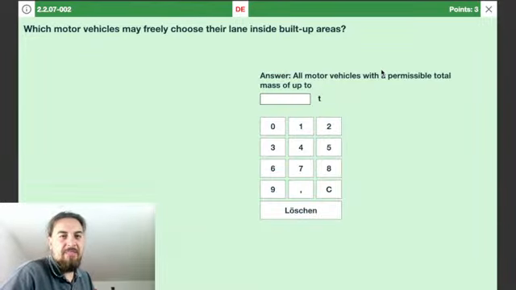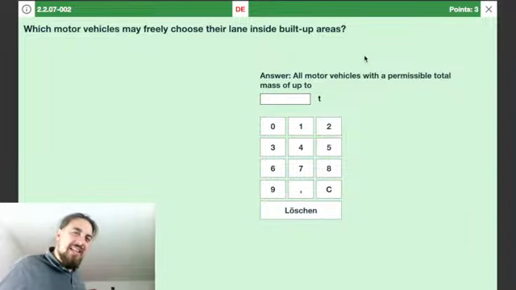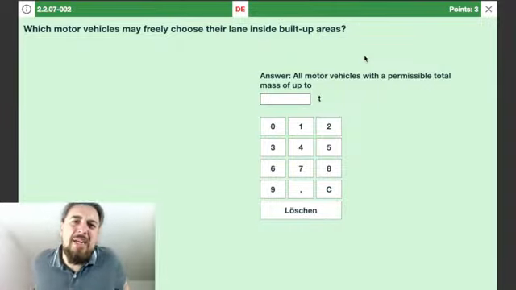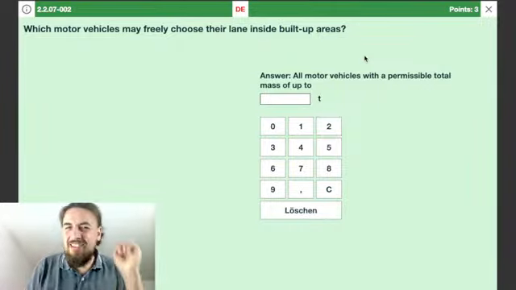Which motor vehicles may freely choose their lane inside built-up areas? Answer: all motor vehicles with a permissible total mass of up to tons. That sounds at the beginning like a quite difficult question, but it's not that difficult.